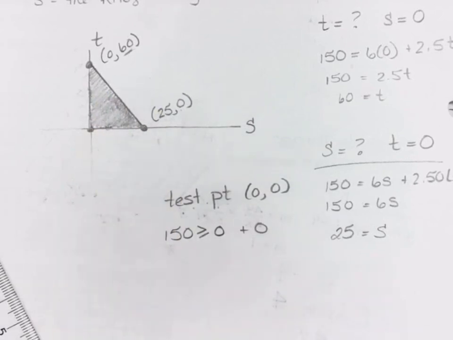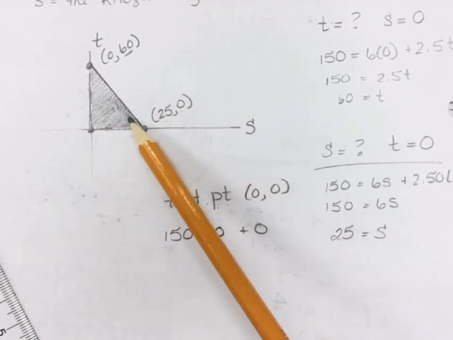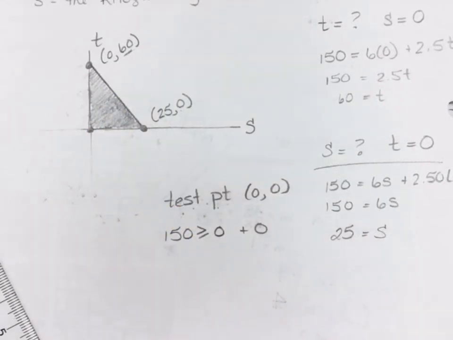Like I could have 1 and 1. I only need 1 kilogram of stone and 1 square foot of tile. I'm going to spend a lot less than 150, but that's a valid solution, right? So my solution is the shaded region including the line. Okay, so that's it. That's all.